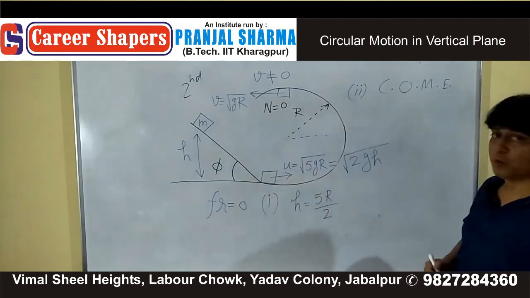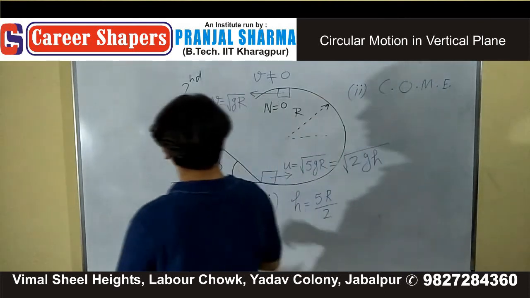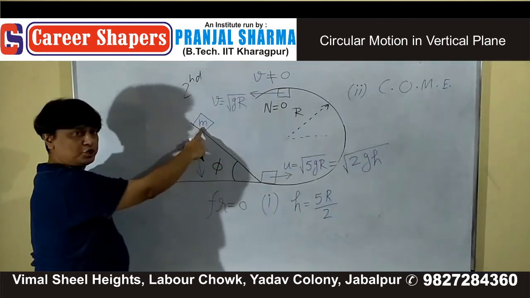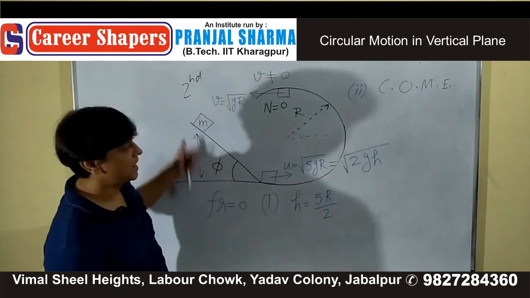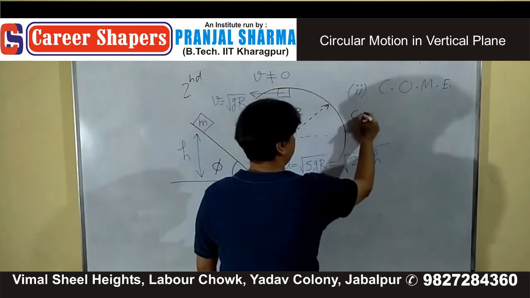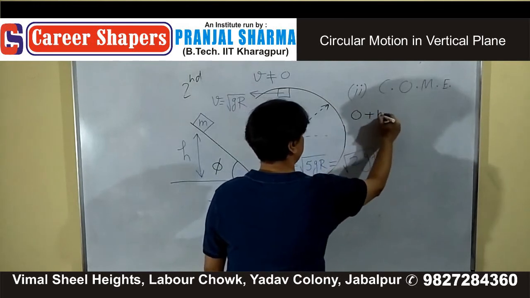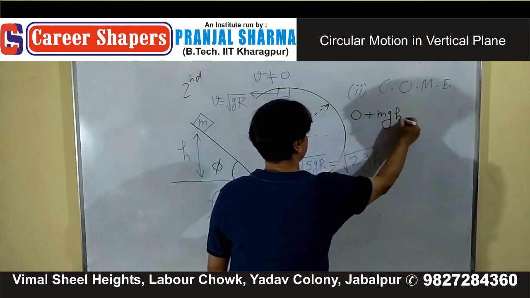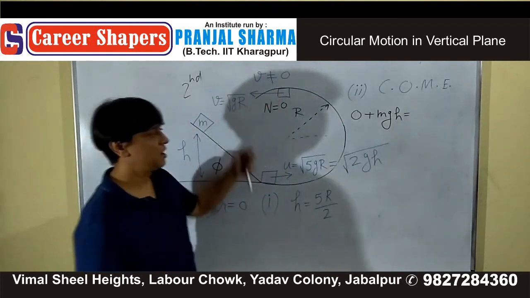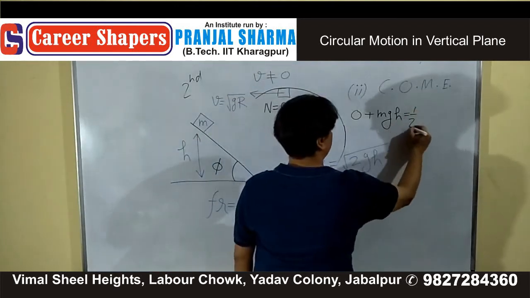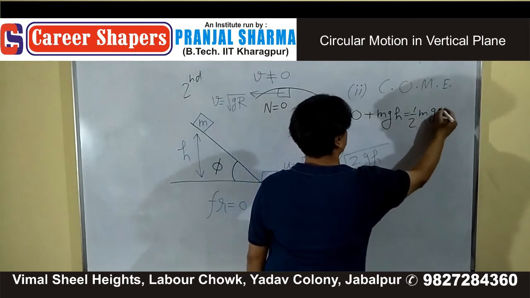Now let's apply COME. How do you apply COME? Starting position. Kinetic energy 0. What is potential energy? mgh. At the highest point, what is the kinetic energy? Half mv square, which is what?